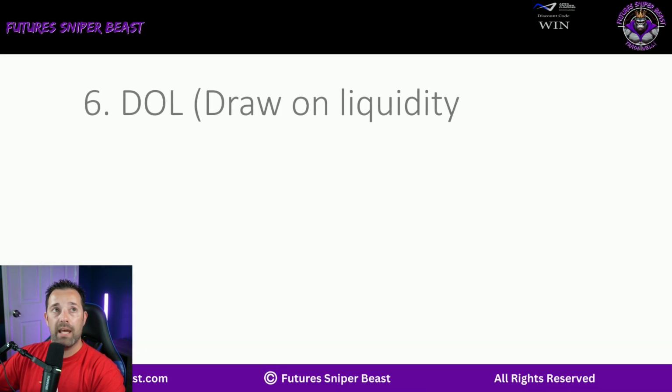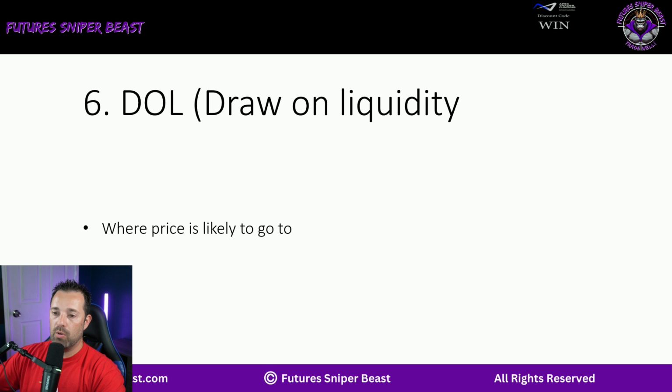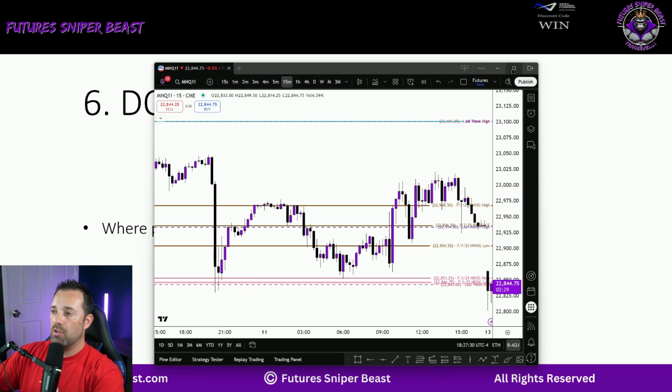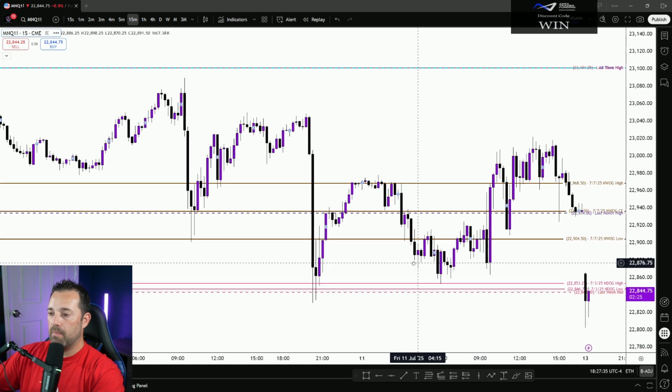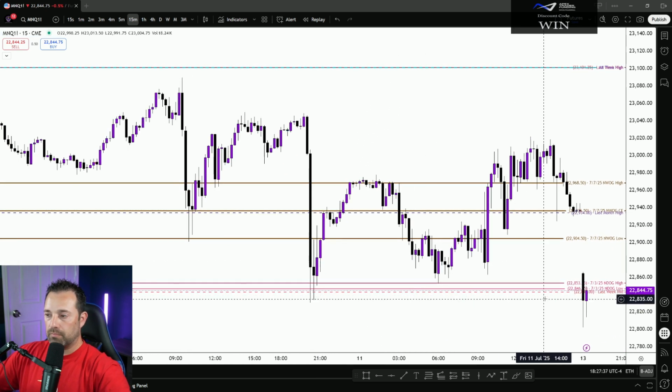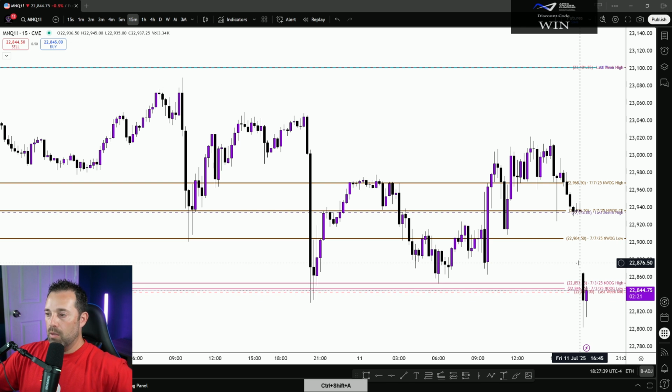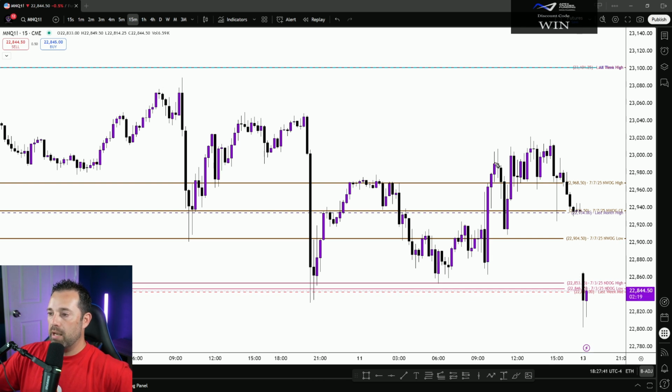Next one, we have a draw on liquidity. A draw on liquidity means that is where price is likely to go, where price is going to be drawn to. This could be different things, right? A draw on liquidity would just be price running to that liquidity area.